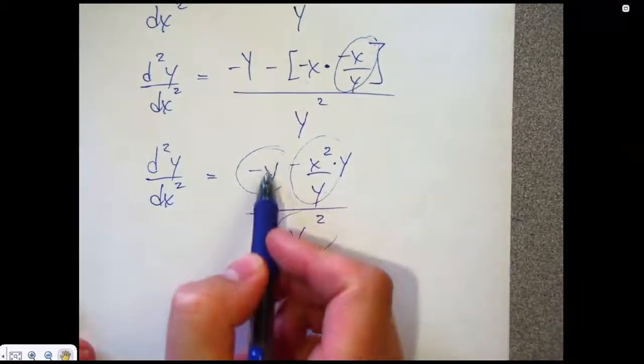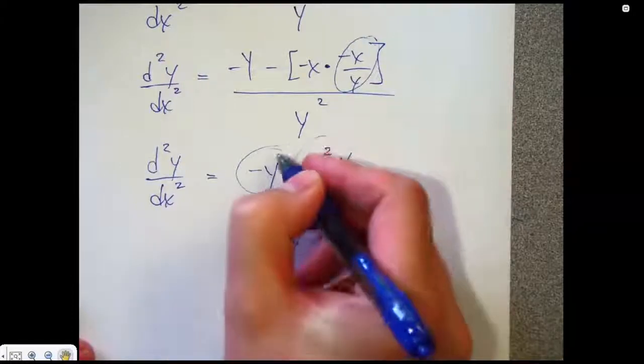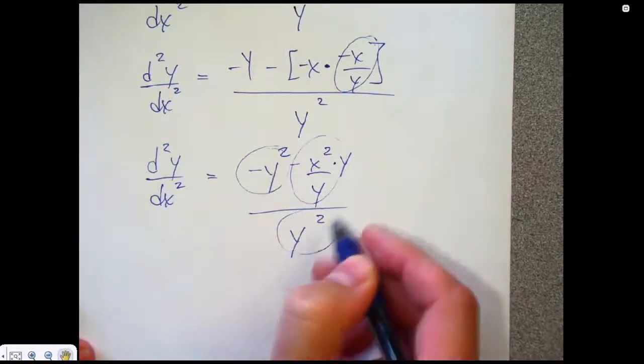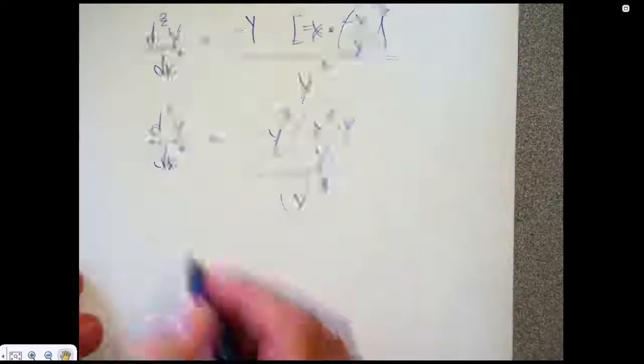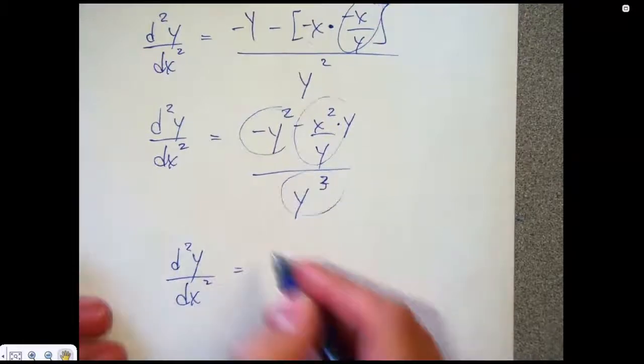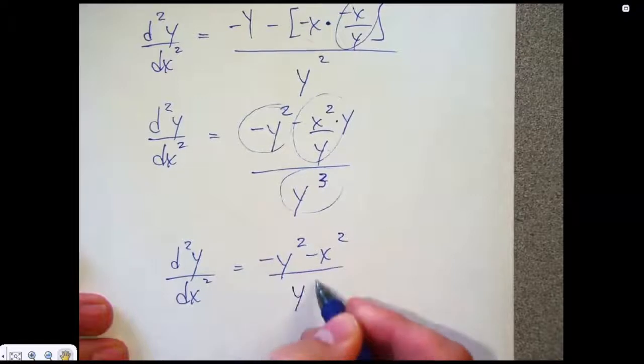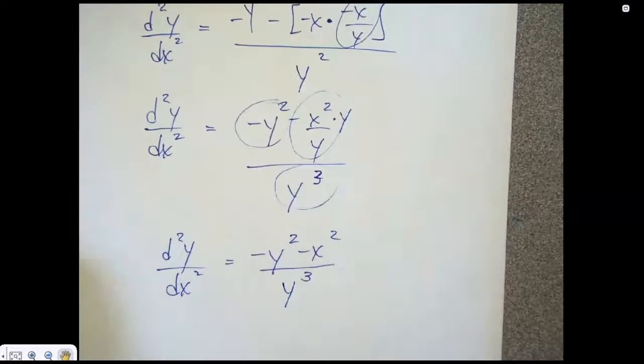So what that would look like is this negative y will just become negative y squared. And this y squared will become y to the third. So now what I have is negative y squared minus x squared over y to the third.